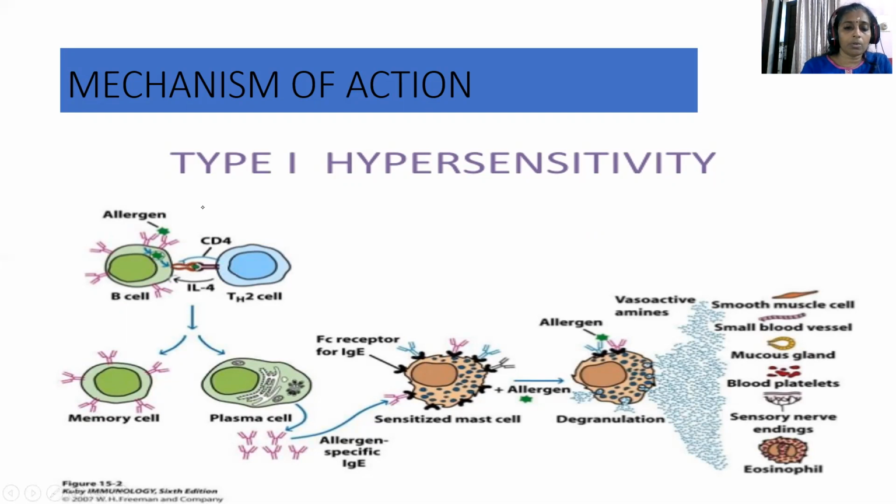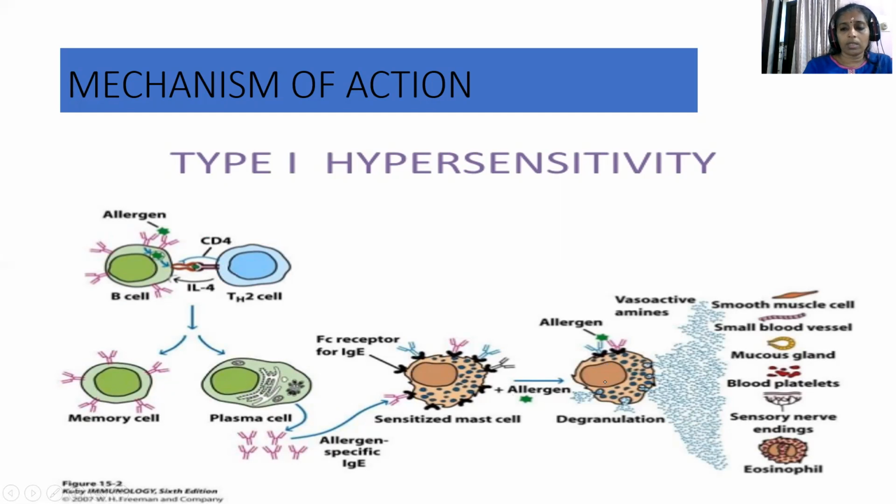These plasma cells produce a large amount of antibodies, and these antibodies are specific, that is, they bind onto the sensitized mast cells. When the allergen comes in contact again with these mast cells, degranulation occurs.